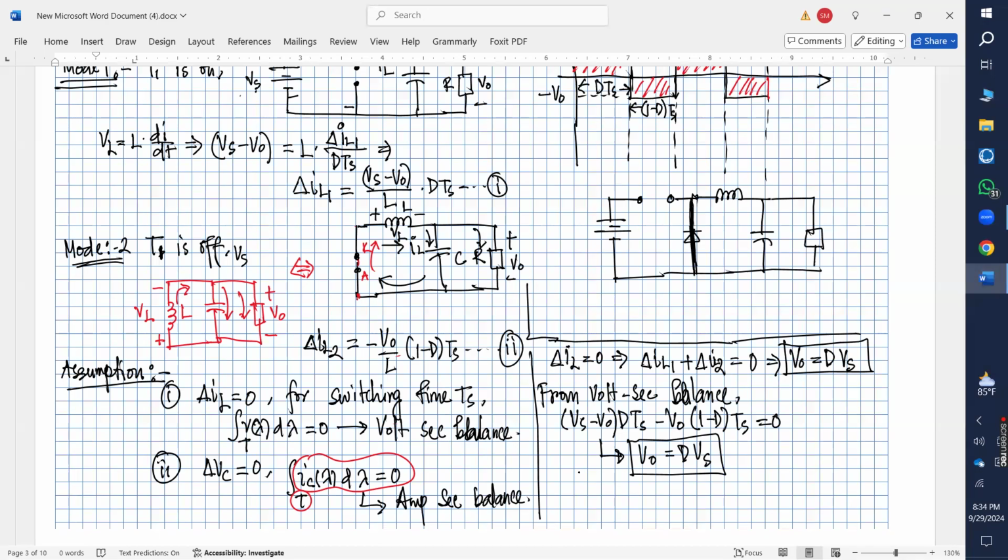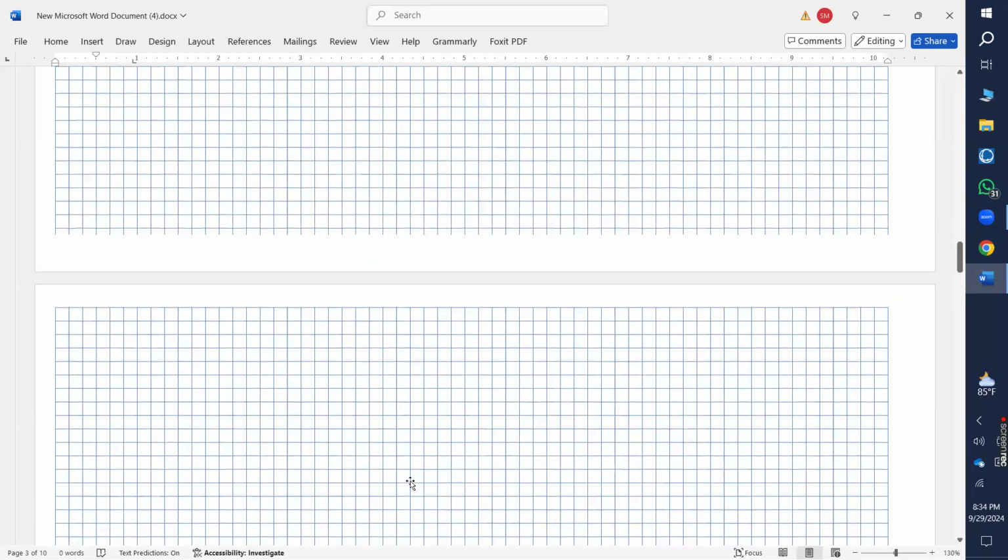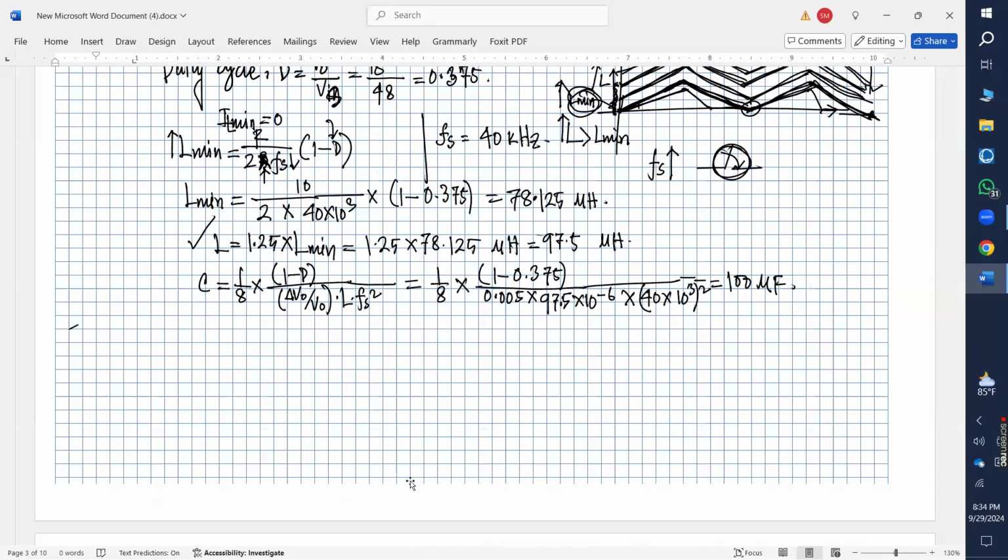If this diode is short circuited, all the voltage, that is your input voltage, will appear across the transistor, right? So what should be the voltage rating of the transistor? 48 volts. So the voltage rating of the transistor should be 48 volts, right?